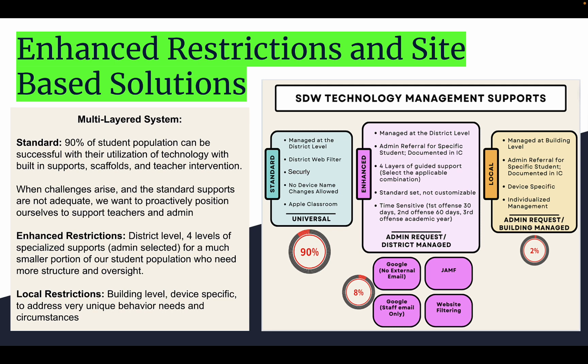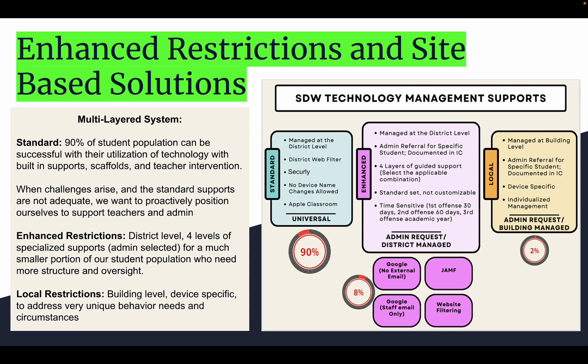We really believe that 90% of our students are able to function with our standard supports, meaning our district level filter securely, which enables the same filters at home that are available at school, not allowing students to change the names of their devices, and the use of consistent Apple Classroom use in the classrooms. And that is our universal layer of support, and 90% of our students are successful with this layer.